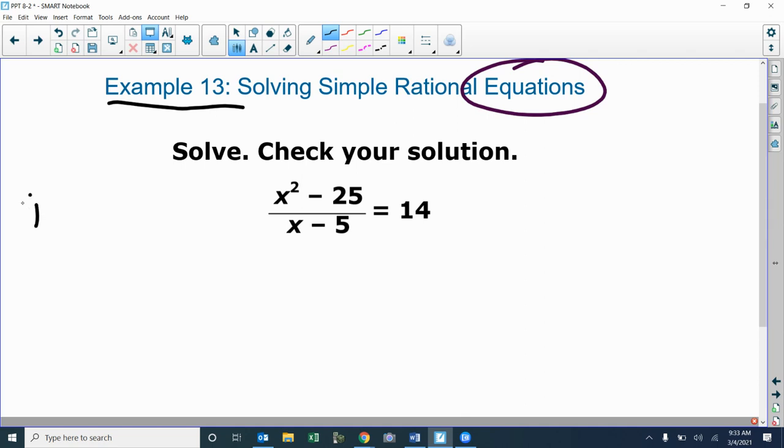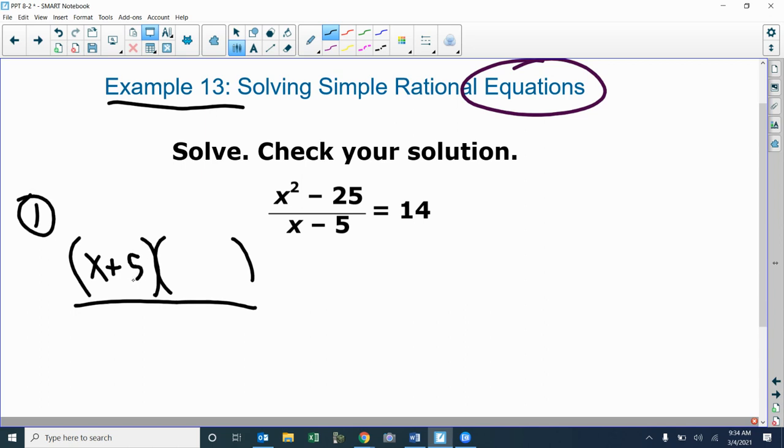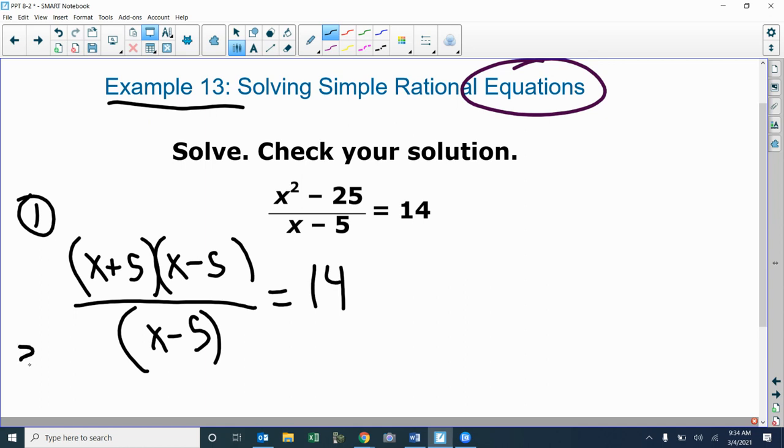So let's go with it. Step 1, we're going to factor this guy. You should like that top factor because it is definitely a simple one for us at this point in our math career. Difference of perfect squares. Now, the only difference from yesterday is we are equal to something. This is an equation. We have an equal sign in there. So we end up solving. But we still have step 1. Now, step 2, I'm going to figure out what x cannot be.